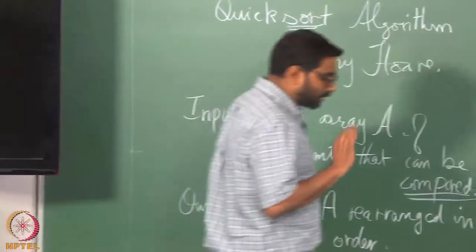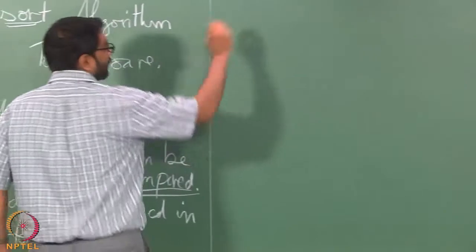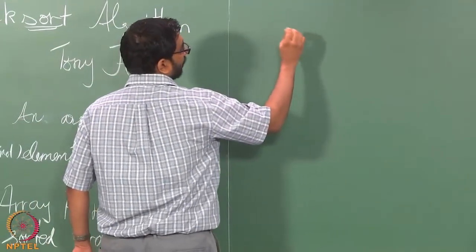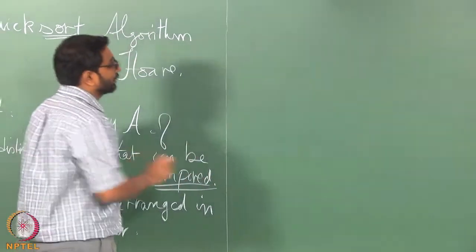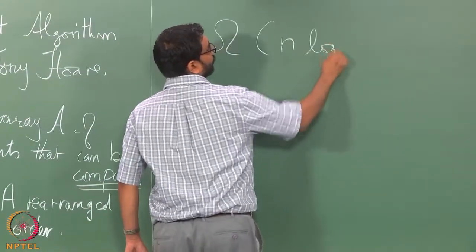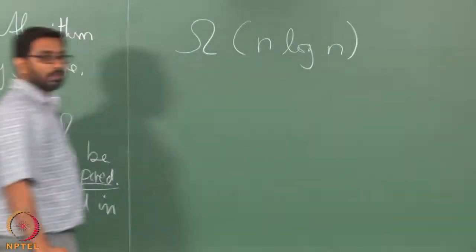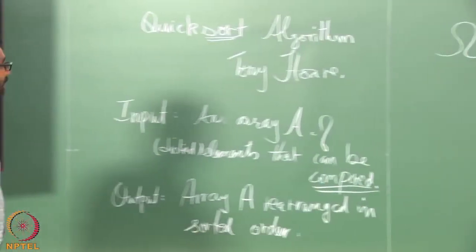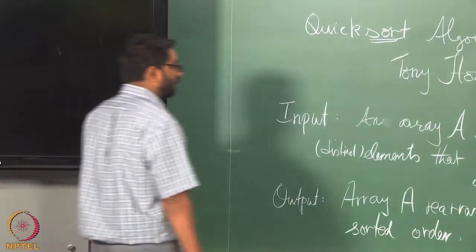A fundamental bound that we have to respect is that any sorting algorithm is going to require, in the worst case, omega of n log n time, where n is the number of elements.